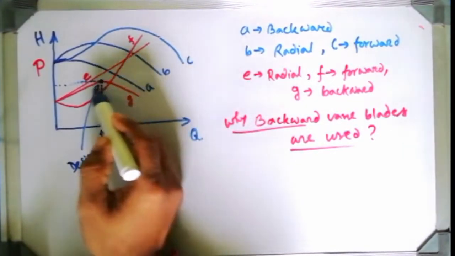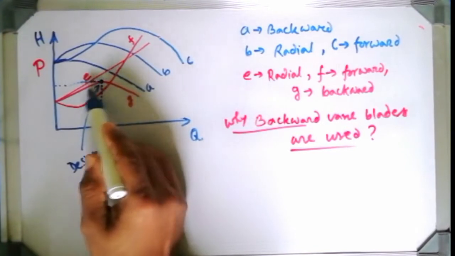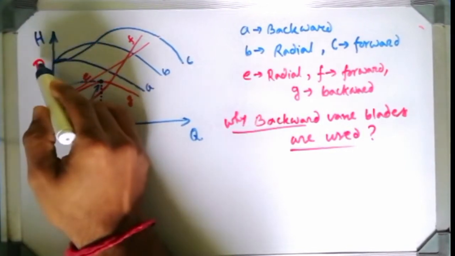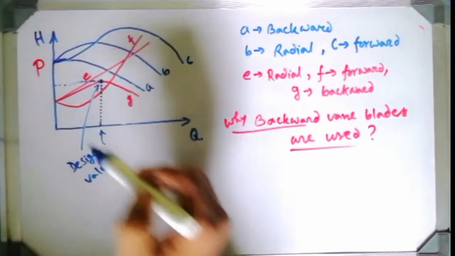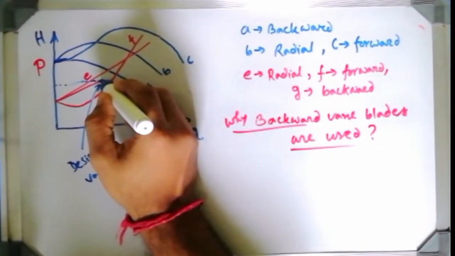Now from this G curve you see, if we increase or decrease the flow rate, the power consumption of the pump will be reduced, because this is the maximum point where we have set the design value.